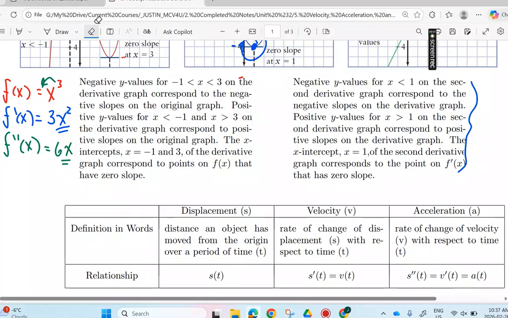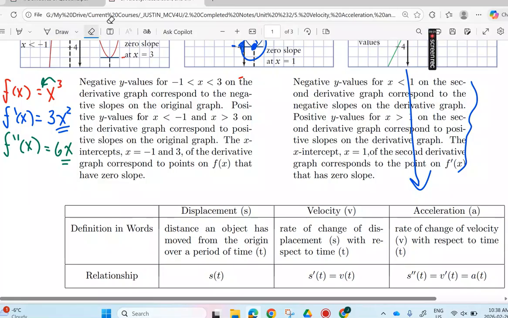That's the original function. The second graph represents velocity, so the change of displacement over time, velocity or speed, okay? And the third one is called acceleration. And what does acceleration mean? It's the change of velocity over time, okay?